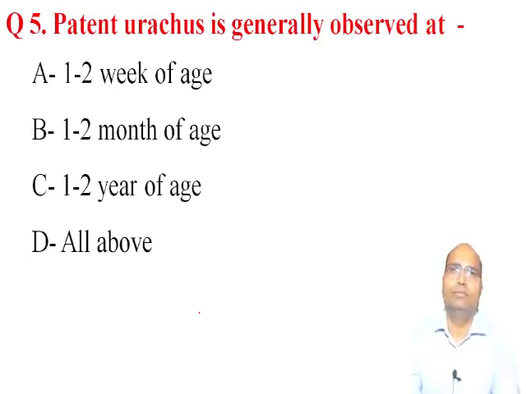Question number 5. Patent urachus is generally observed at A. 1 to 2 weeks of age, B. 1 to 2 months of age, C. 1 to 2 years of age, D. All above.